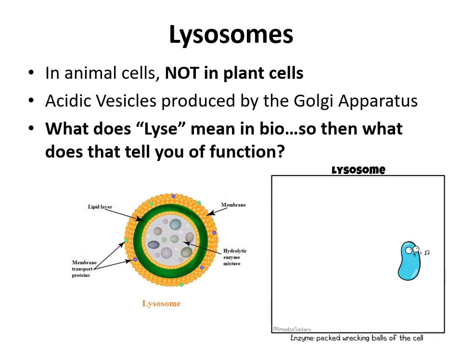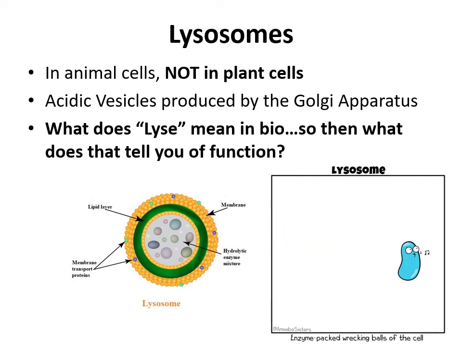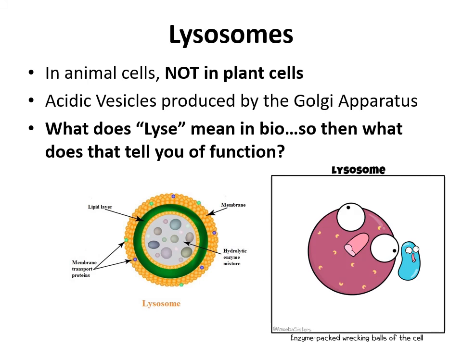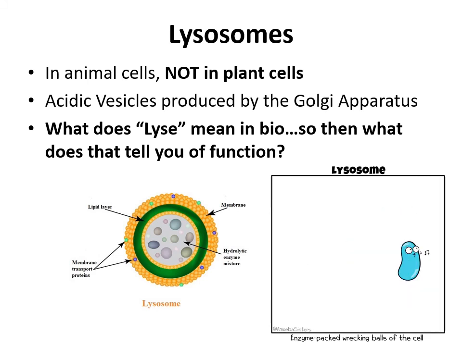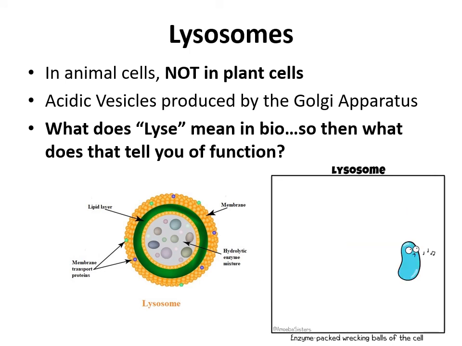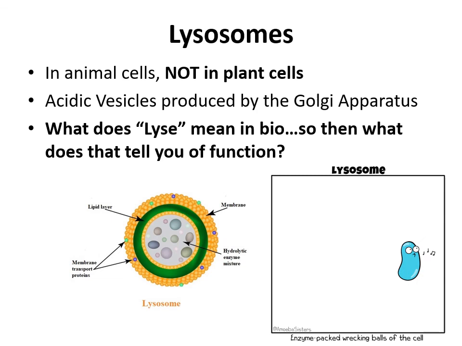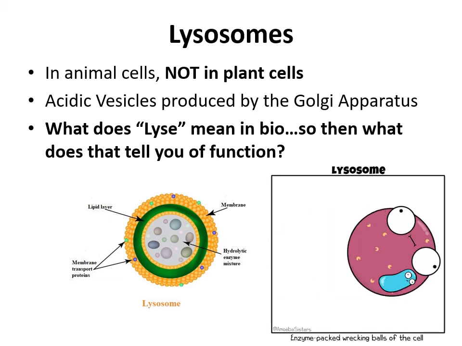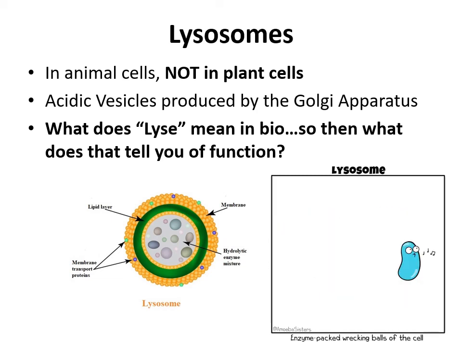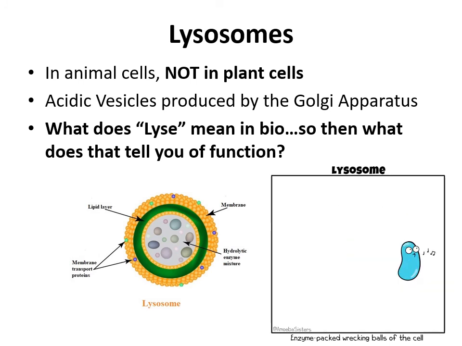For instance, sometimes cells that get infected basically know that they are a problem for the overall well-being of that cell or organism. So they will have programmed cell death where the lysosome will engulf and break down that cell, okay? Or release the digestive enzymes in it to destroy the cell.